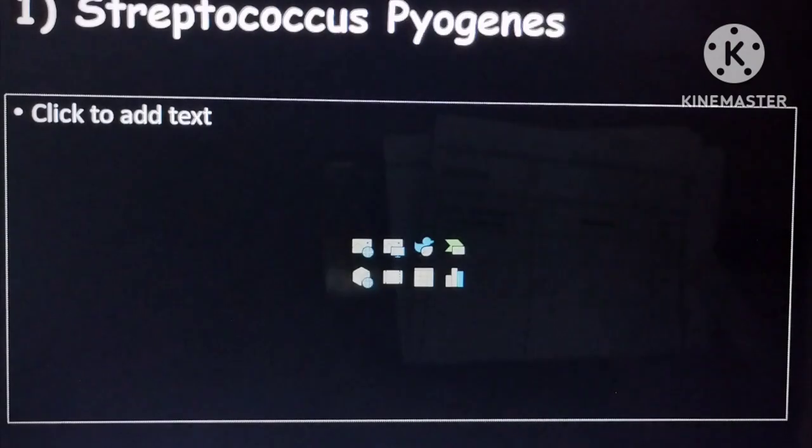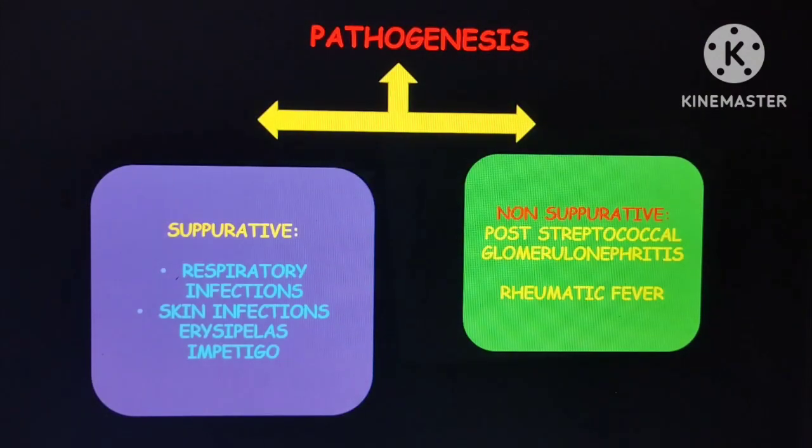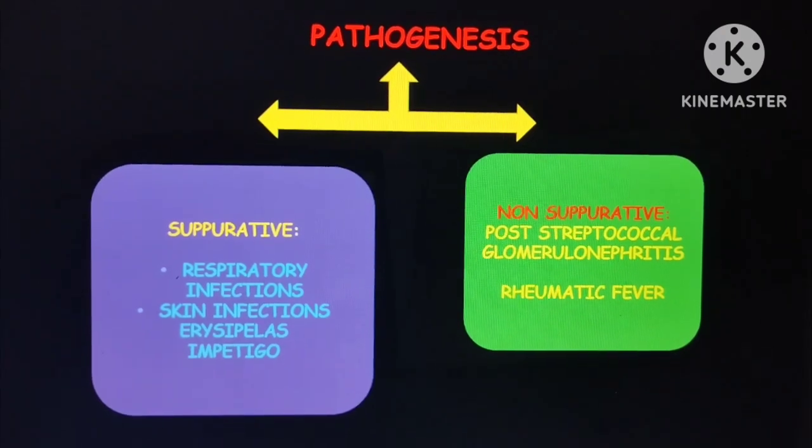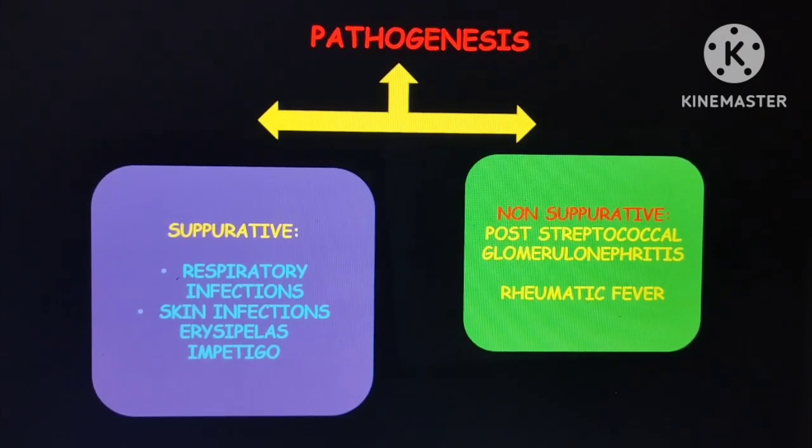The answer here is Streptococcus pyogenes. Remember that it causes suppurative and non-suppurative lesions. Suppurative ones are respiratory infection, skin infection, erysipelas and impetigo, whereas non-suppurative lesions are post-streptococcal glomerulonephritis and rheumatic fever.